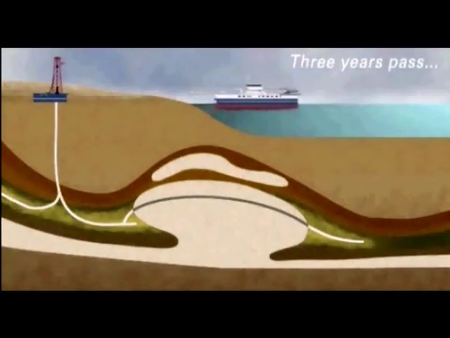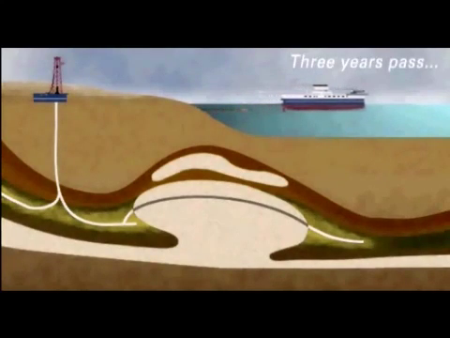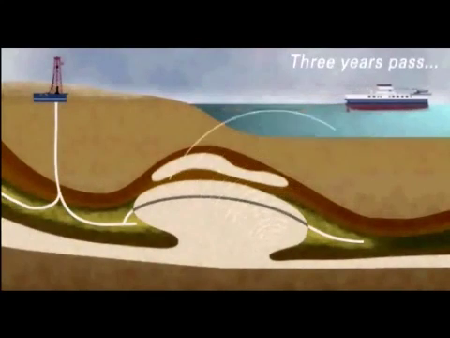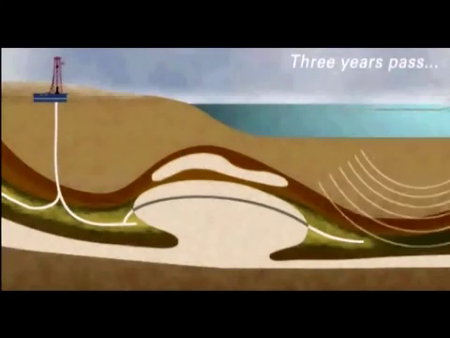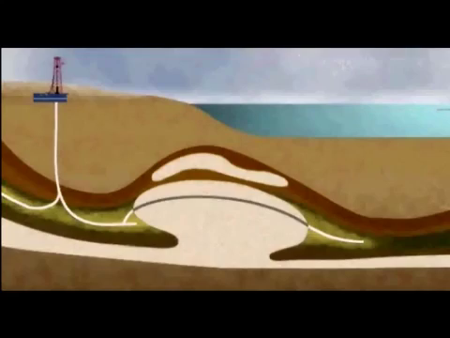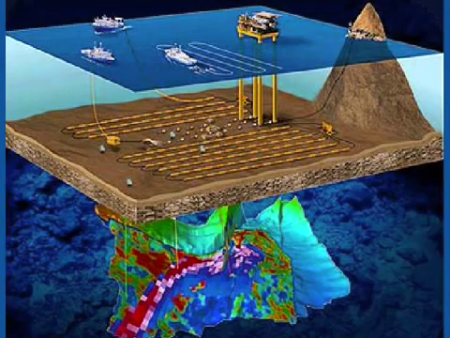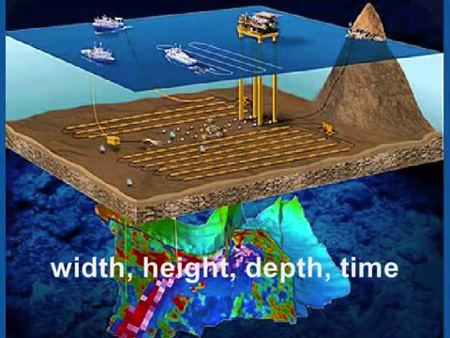We compare the available data to see if there has been any changes over time, and if so, what those changes are. We also look for changes that can help predict future production forecasts. Therefore, in 4D, we have width, height, depth, and time.